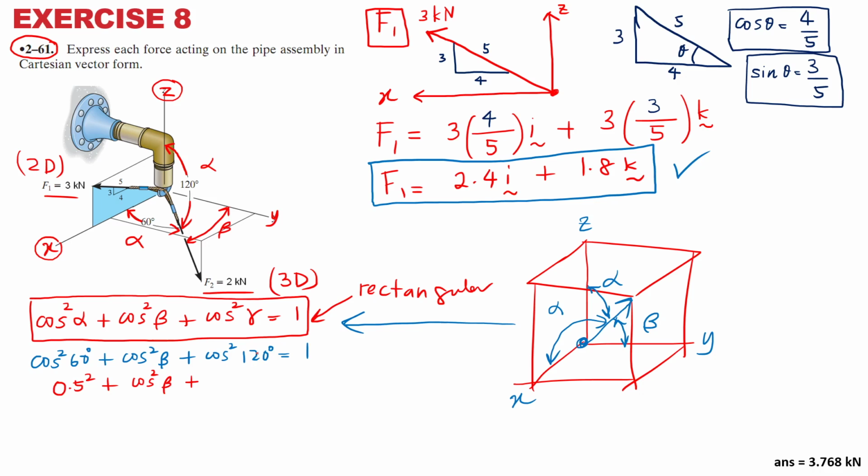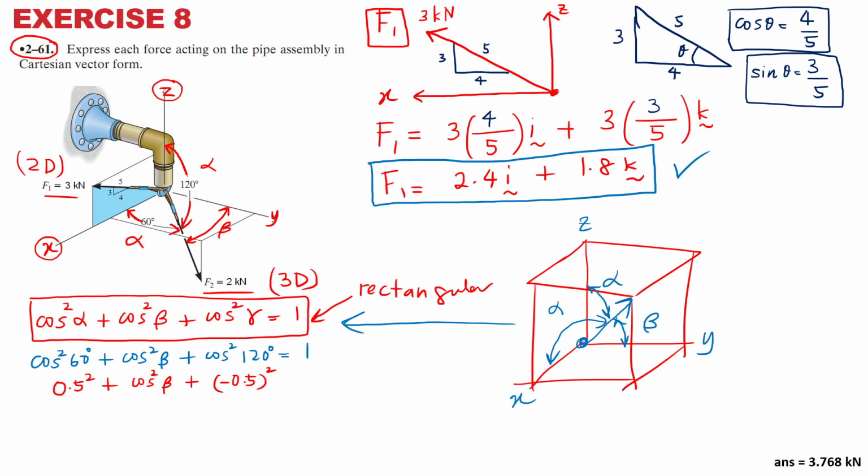This one cos 120, you're going to get negative 0.5. Since you are squaring it, there's no difference.